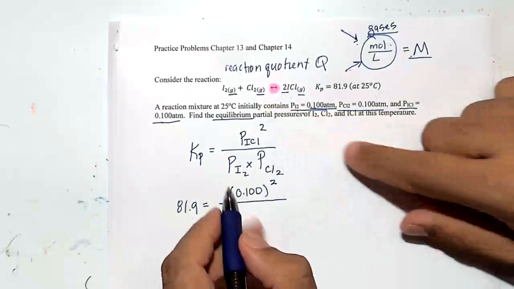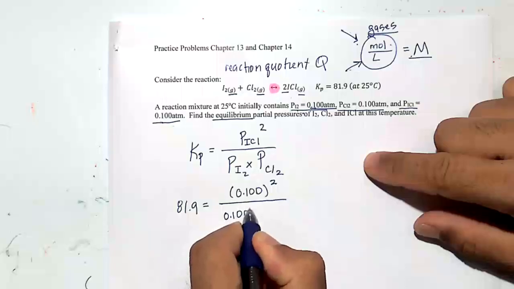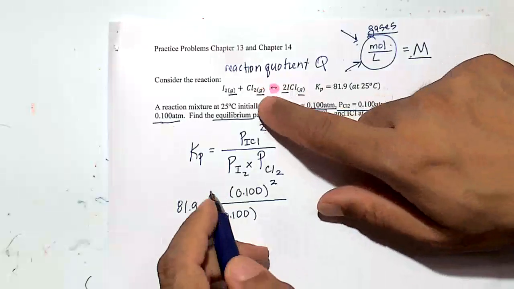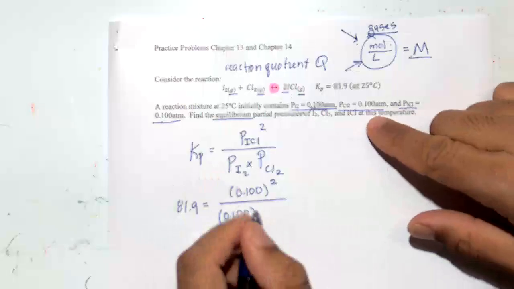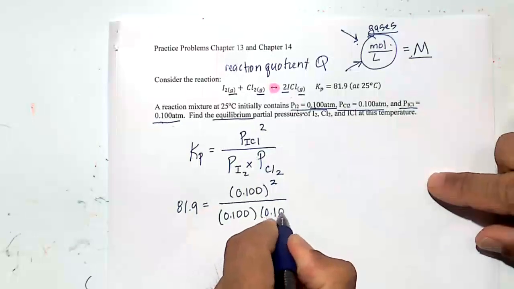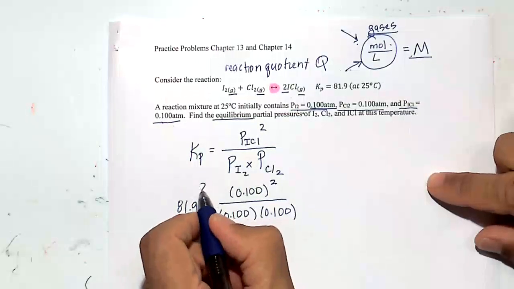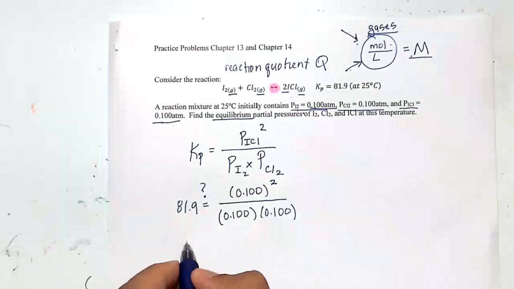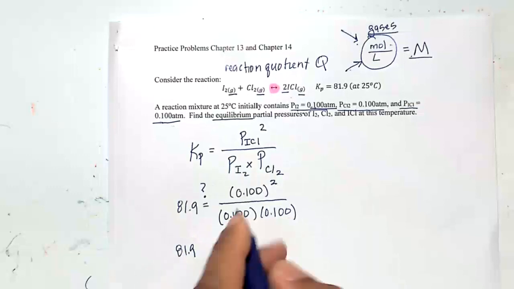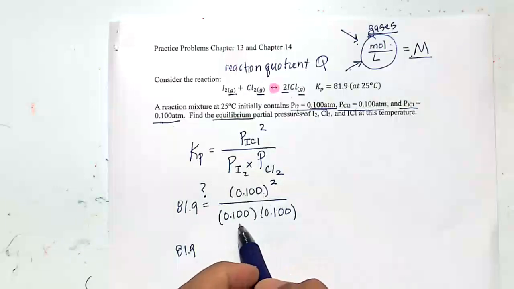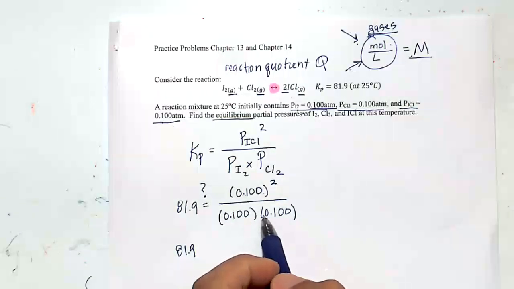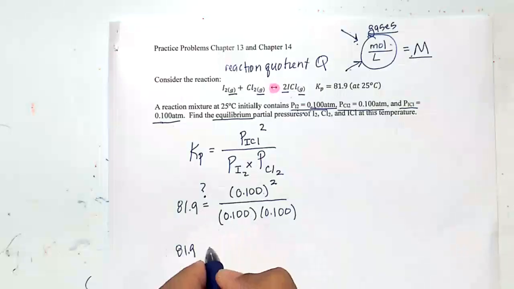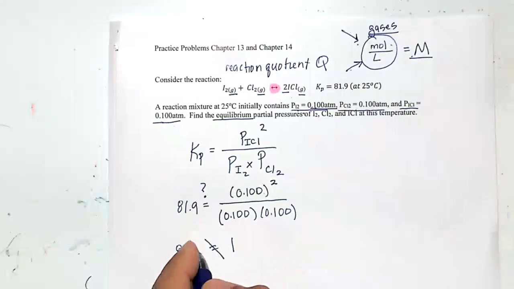Divided by pressure of I2 times pressure of Cl2. When we find out if we are at equilibrium, the question is 81.9. What's 0.1 squared divided by 0.1 times 0.1? 1. So we are not at equilibrium.